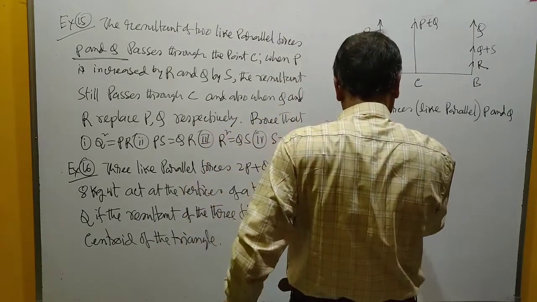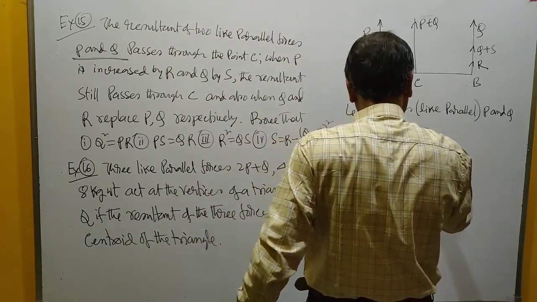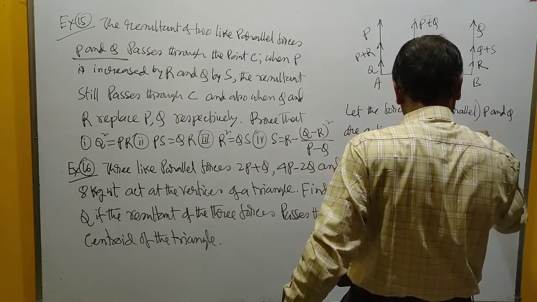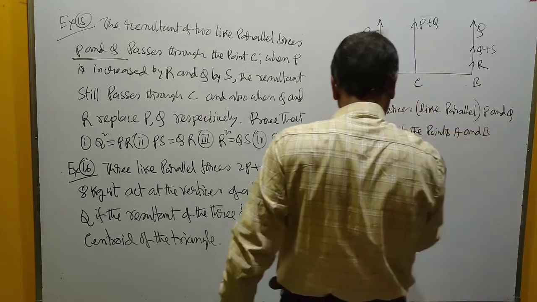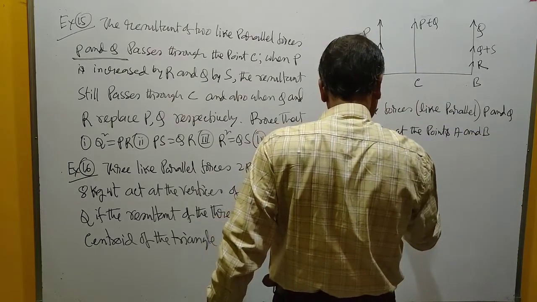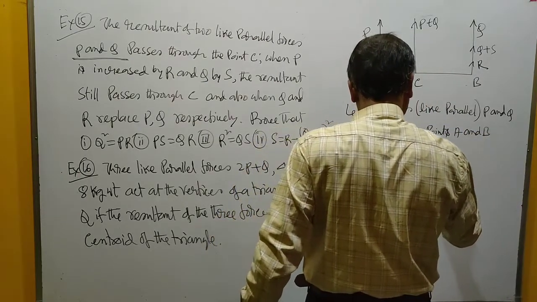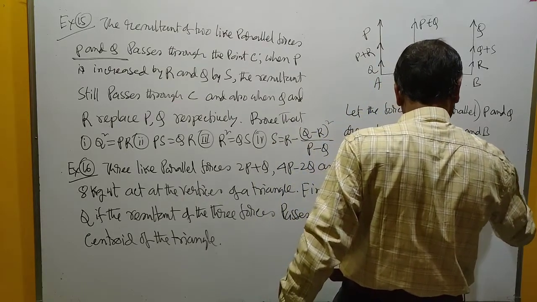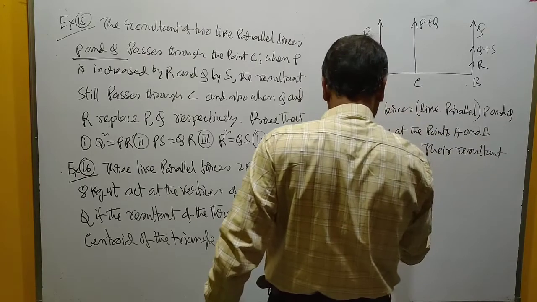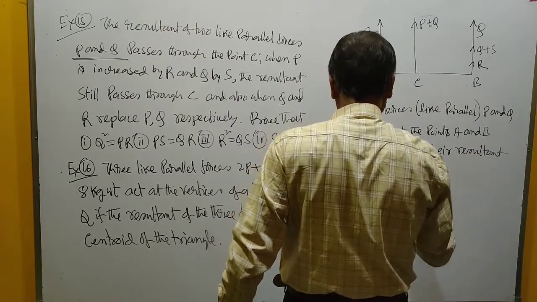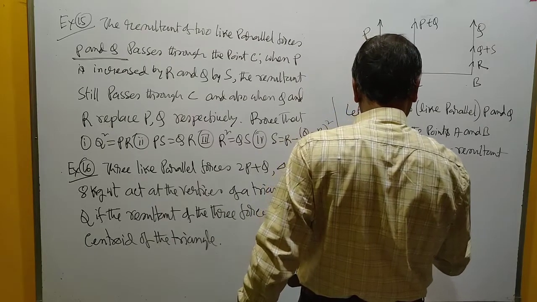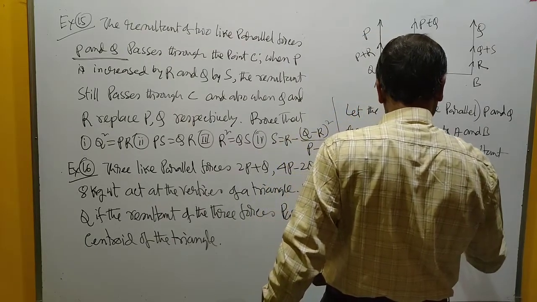Their resultant acts at C. Therefore, P into AC equals Q into BC.